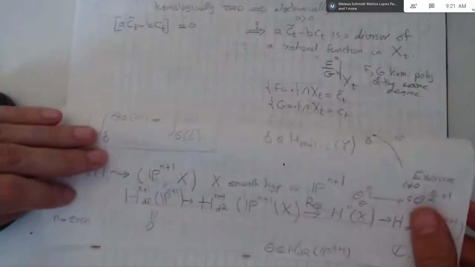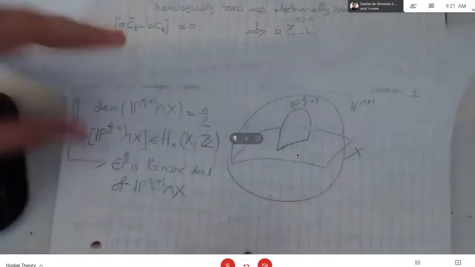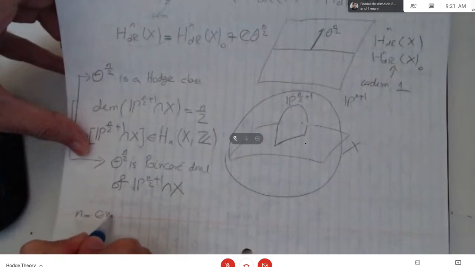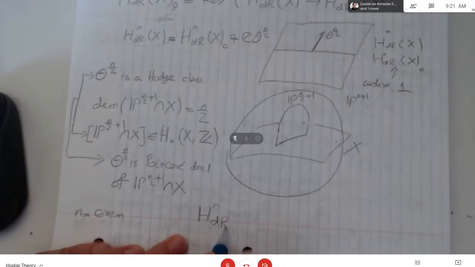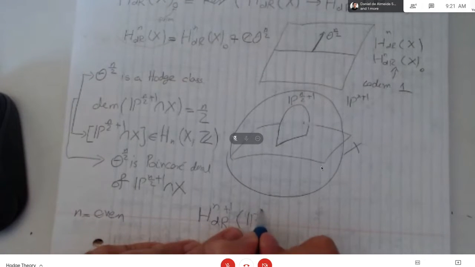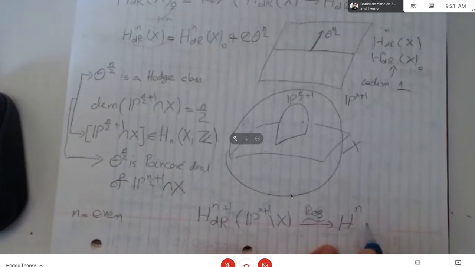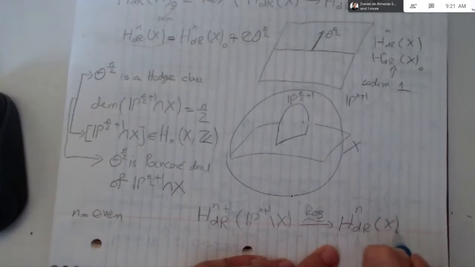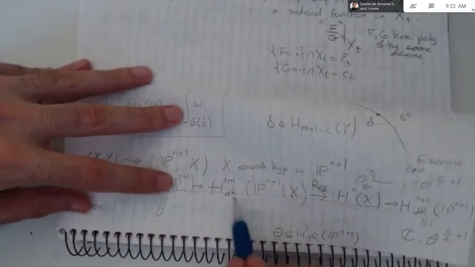And for Griffiths, maybe n even, then we have H^n of P^{n+1} minus X, and the residue map will be an isomorphism onto the primitive part of X, because here it is 0, and then we have this along with that sequence.